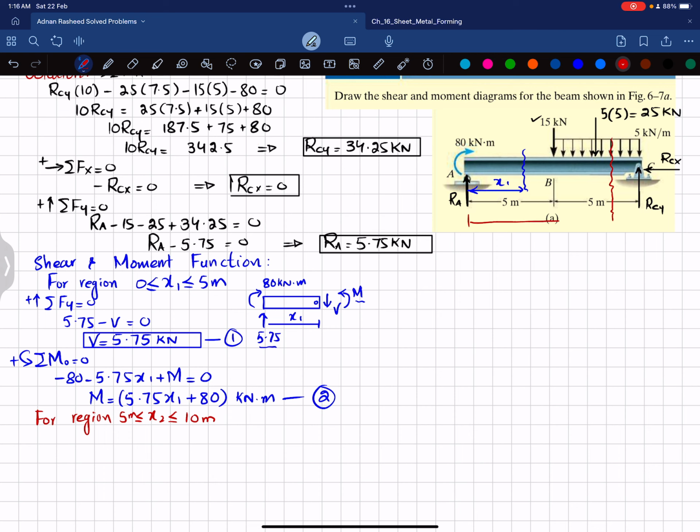So let this is your X2. Now if I draw the free body diagram over here, it will be like this. You can see this is RA, which is 5.75 kilonewton. Clear? You have a moment here which is 80 kilonewton into meter. Let this distance is 5 meter.